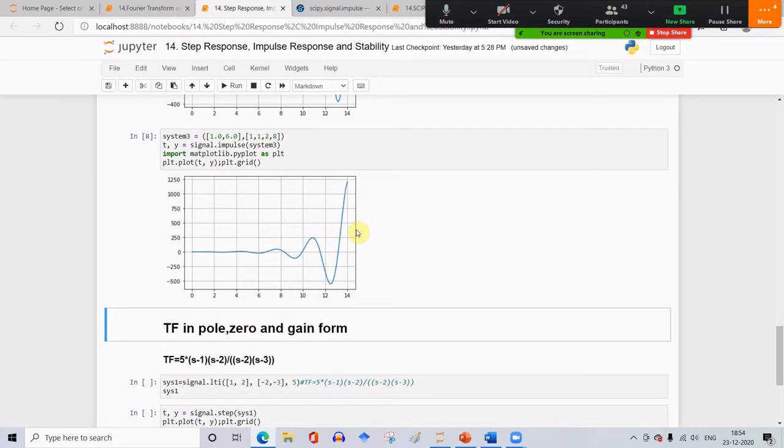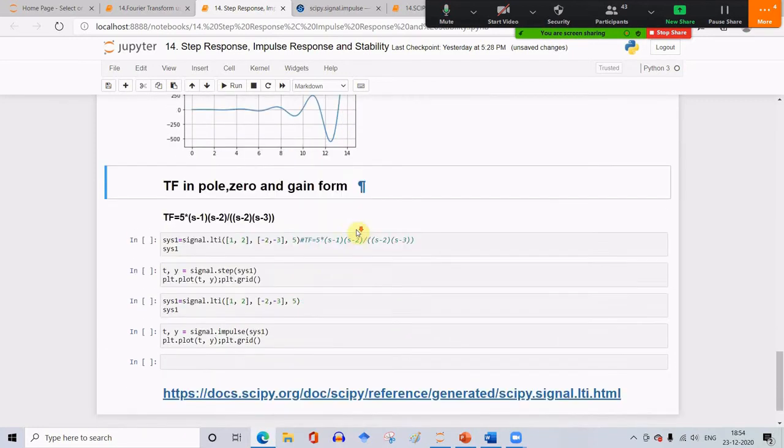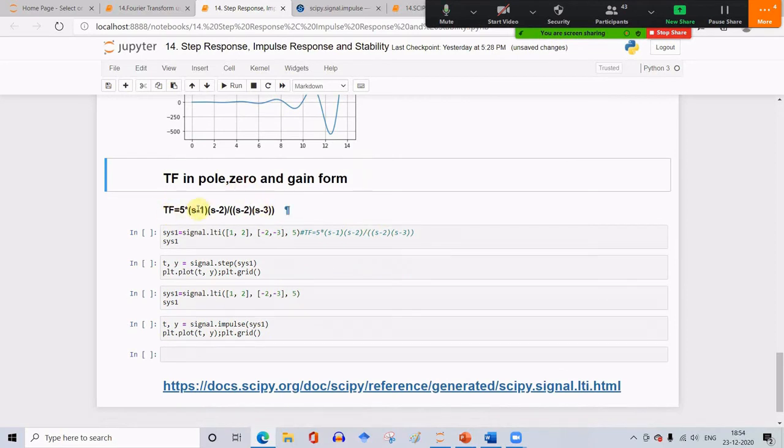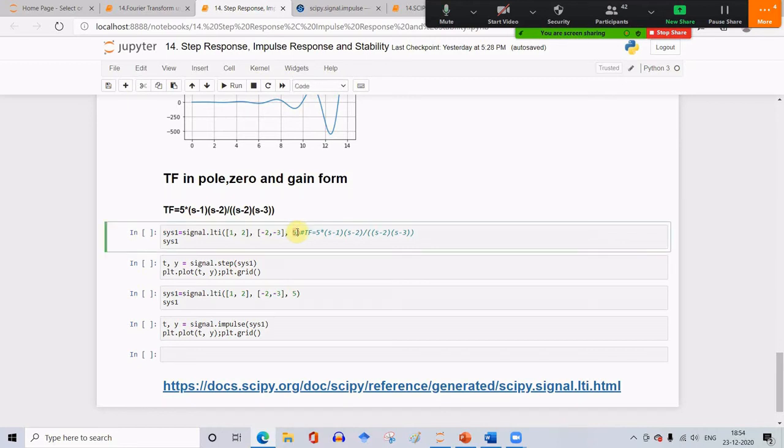Suppose the transfer function is in the zero-pole-gain form. Then we can make use of that form directly, instead of taking the product and getting the coefficients of the various s terms. So we construct these linear time invariant systems by giving the zeros, poles, and also the gain.